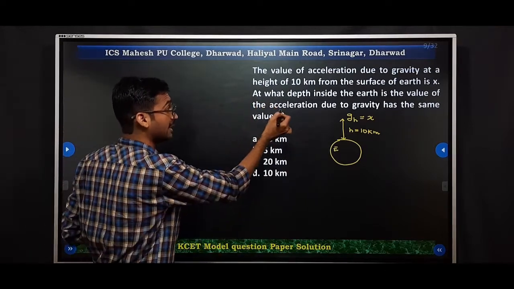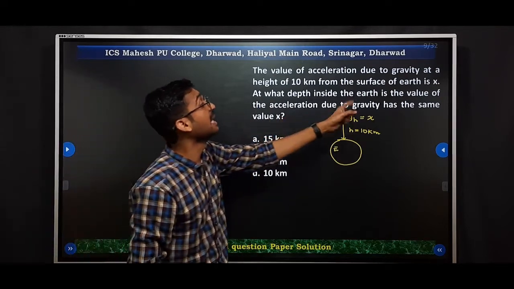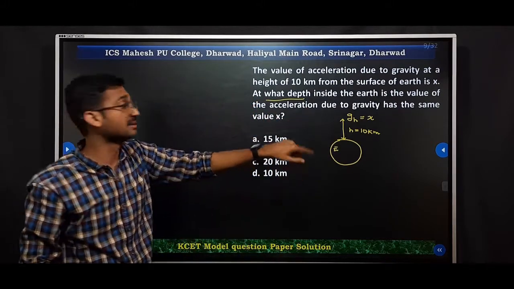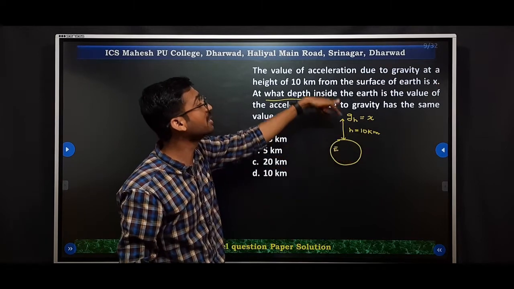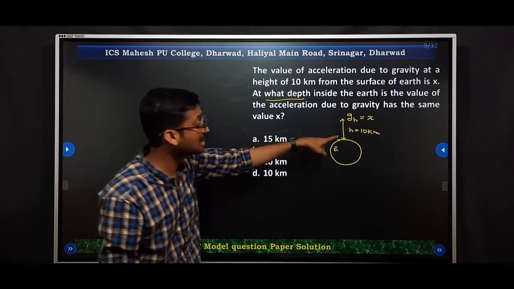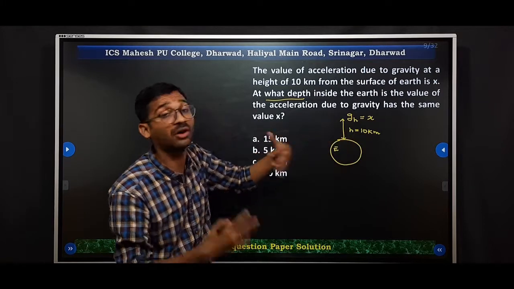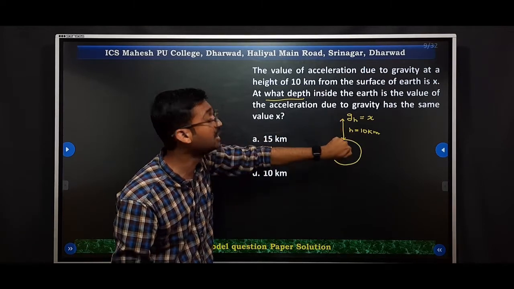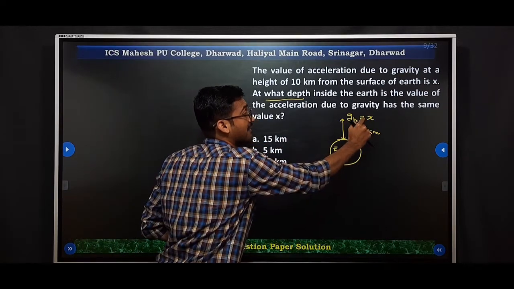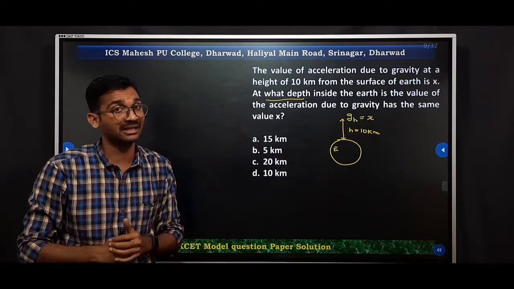Now at what depth inside the earth does the acceleration due to gravity have the same value x? This is the x value at 10 kilometers above the surface of the earth. They are asking at what distance from the surface into the earth we have the same acceleration due to gravity.